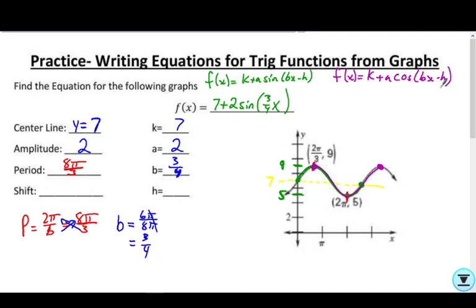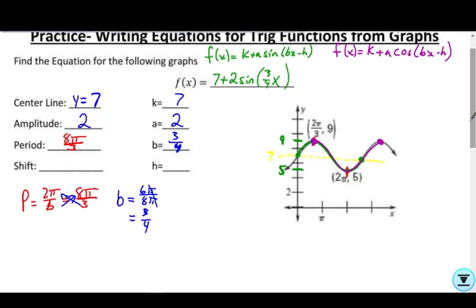The difference is that if I do cosine, I have to find my phase shift because my function's been shifted over. So remember, phase shift is h over b. Now it has been moved 2 pi over 3. So my phase shift is 2 pi over 3.